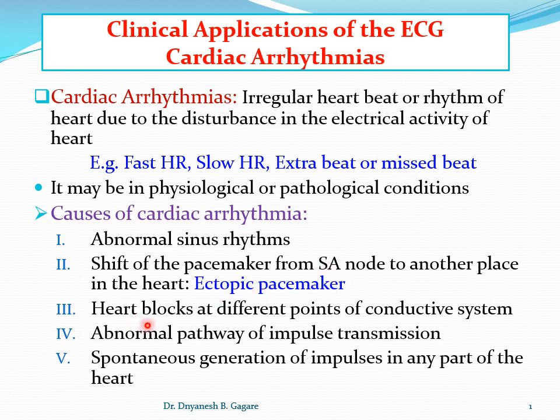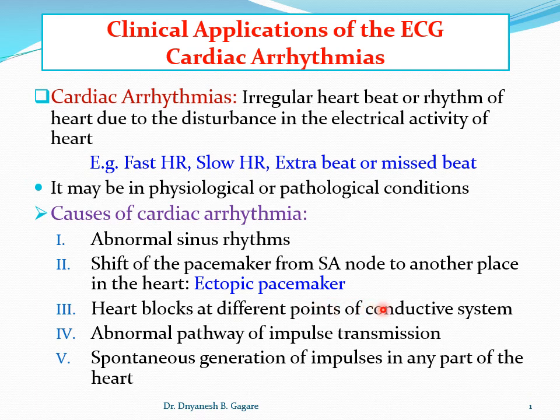Third cause, heart blocks at different points of the conductive system. Heart blocks means there is a conduction problem, and a conduction defect leads to an increase or decrease in heart rate or impulse not being properly conducted.